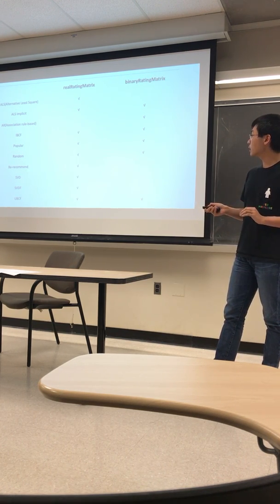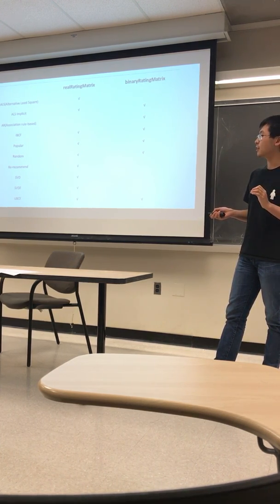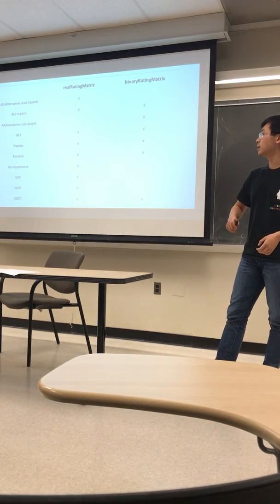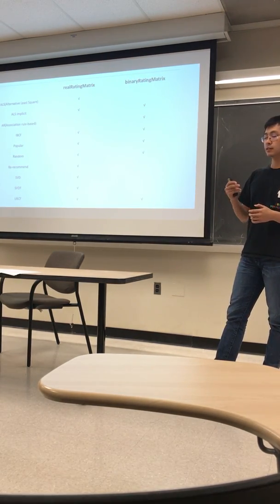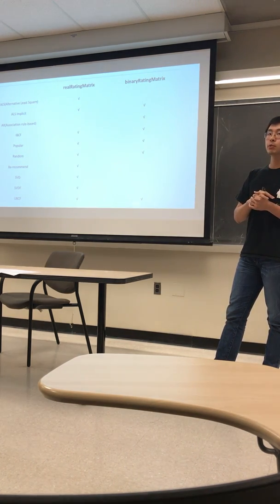In the Netflix competition, someone, I forgot which year, came up with this method called SVD, singular value decomposition. Singular value decomposition is kind of an improvement of PCA, because if you do PCA on the matrix, you probably will only get the principal components on either the user base or the item base.